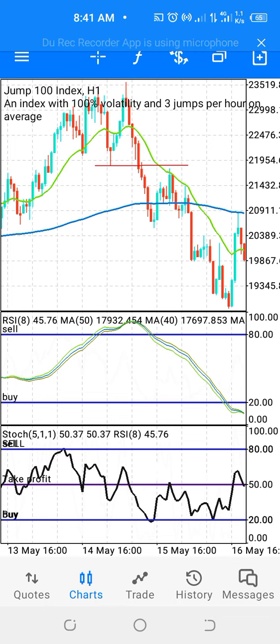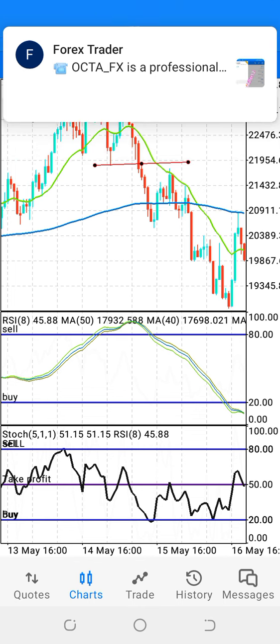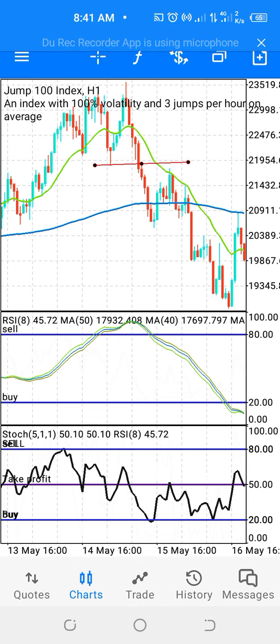So I like to identify this high, this is the low here, which most people say is support and resistance. But for me, it's support and resistance, yes, but now I'm going to term it as the break of structure.